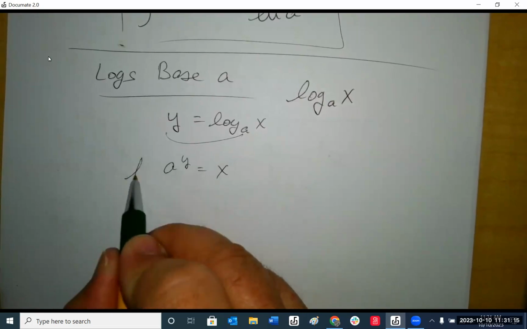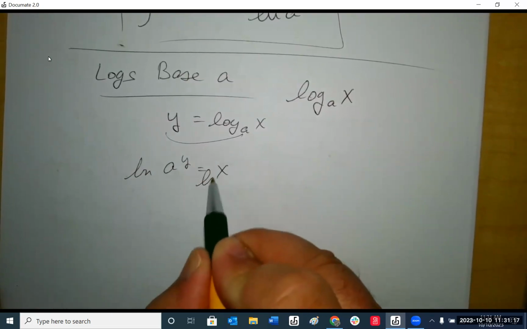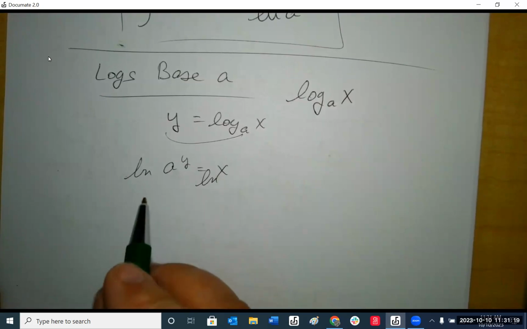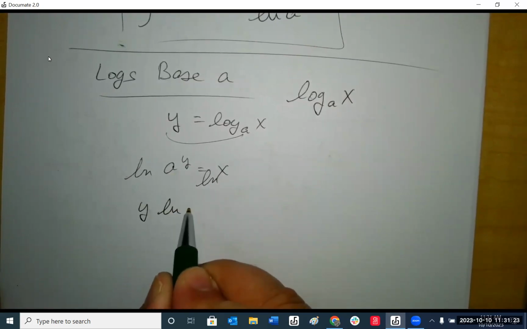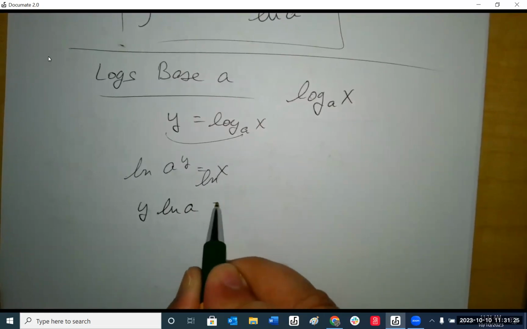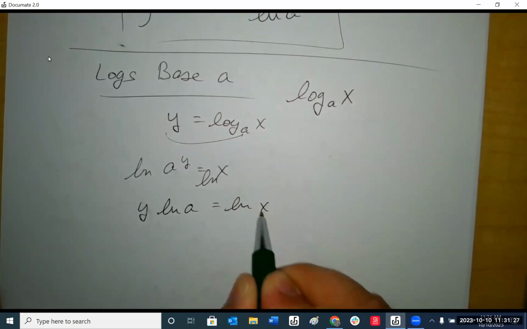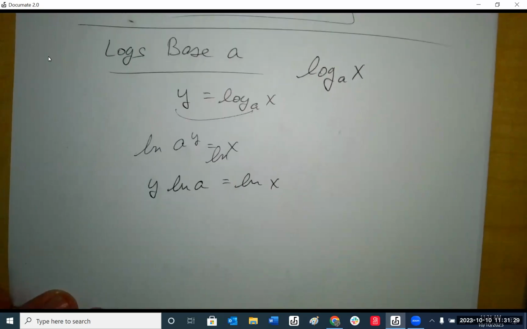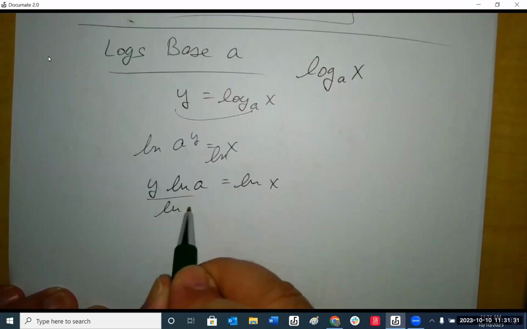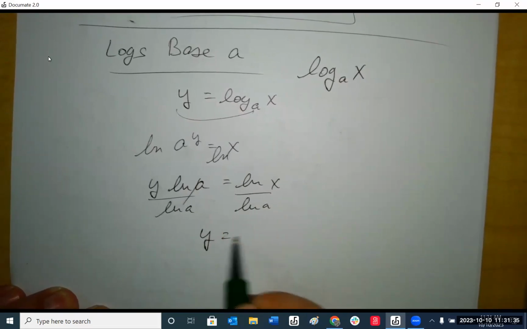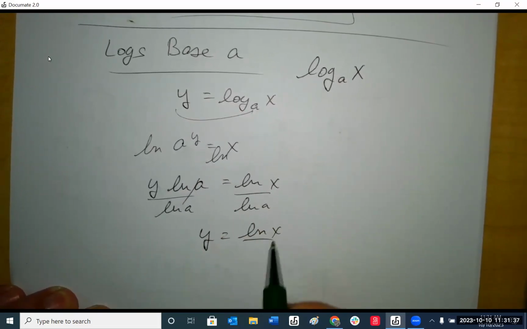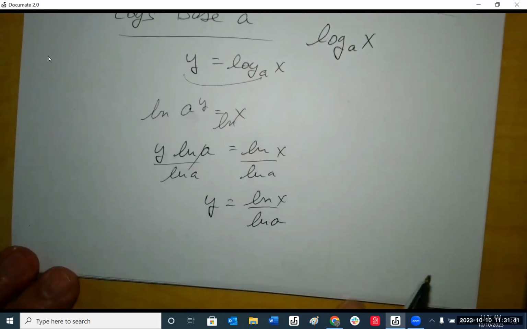And if I take the ln of both sides, then I have y ln a is equal to the natural log of x. So y equals the natural log of x over the natural log of a, which is the change of base formula.